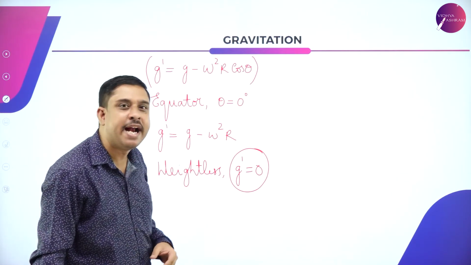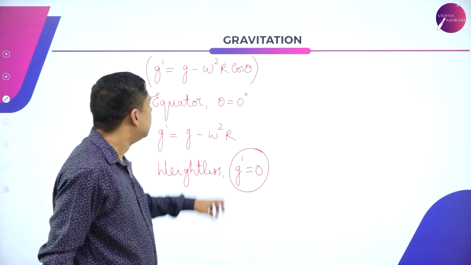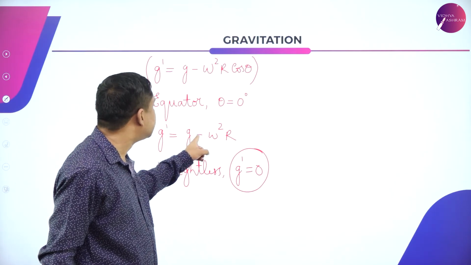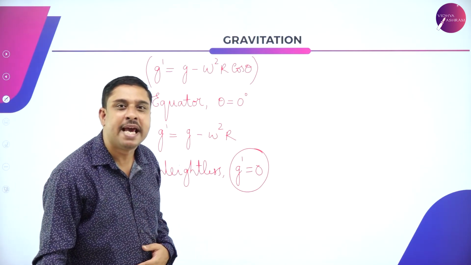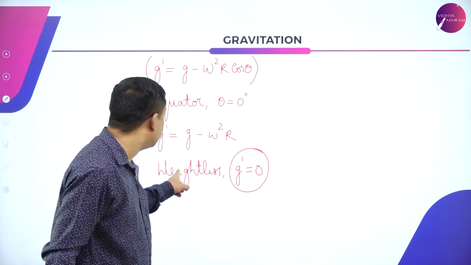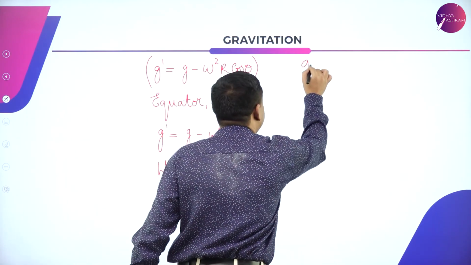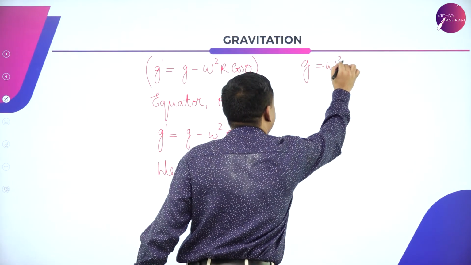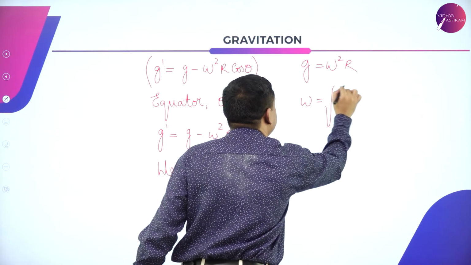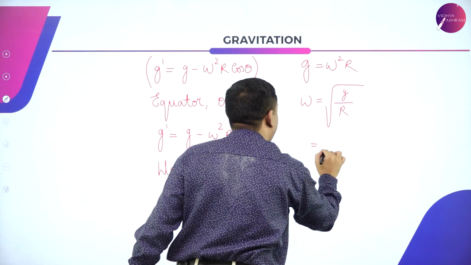At the equator, because it is mentioned in the problem, theta is 0. So G dash is G minus omega square r. The body should feel weightless. So G dash is 0. So this expression becomes G equals omega square r, or omega, which is asked, is root of G by r.